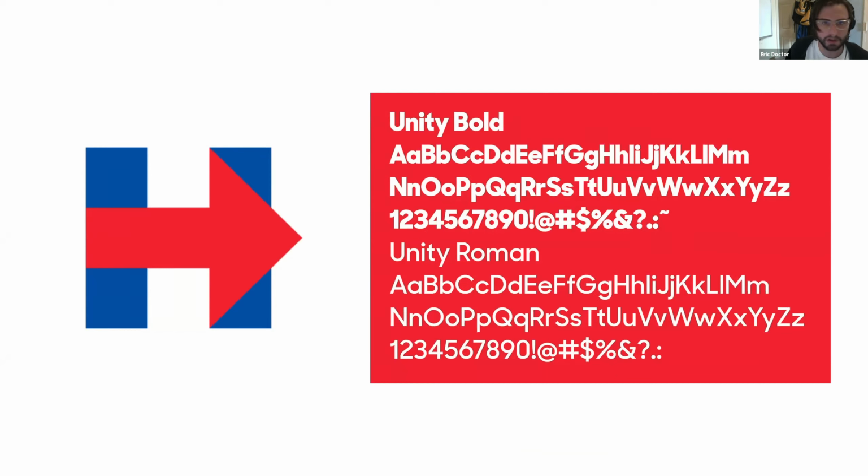So it is a custom typeface, but you can see how it has this same geometric relationship with the logo. I think also it kind of speaks in a similar voice to Hillary Clinton. Like she's very, very direct, very sharp. So is this typeface.